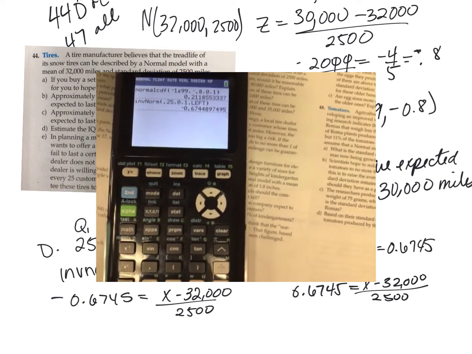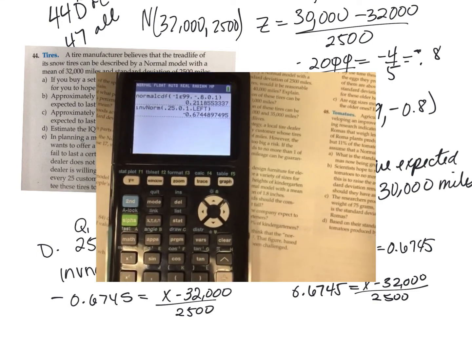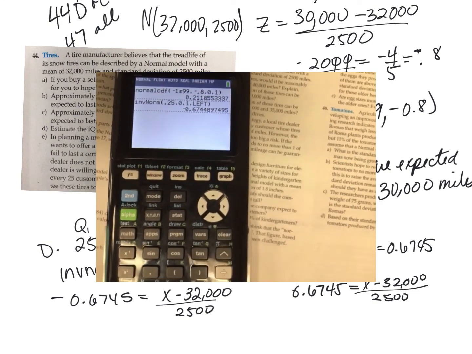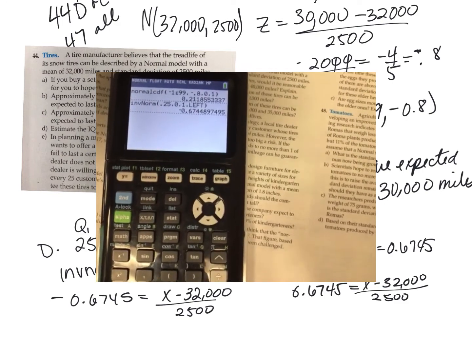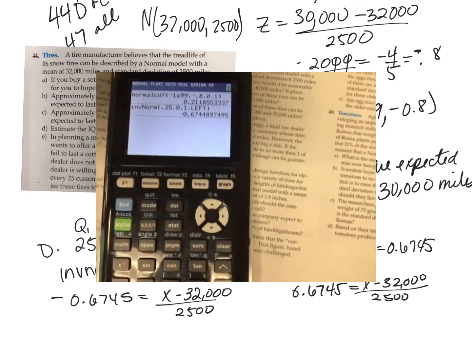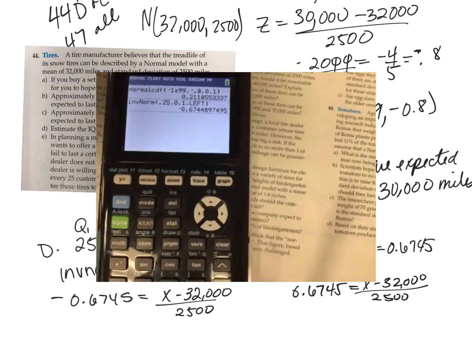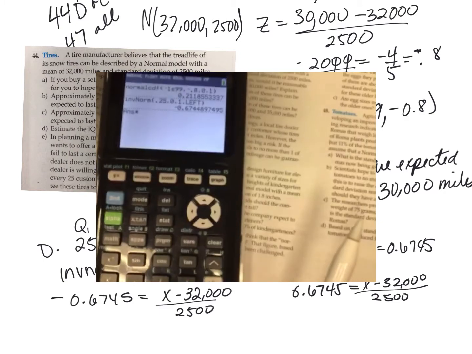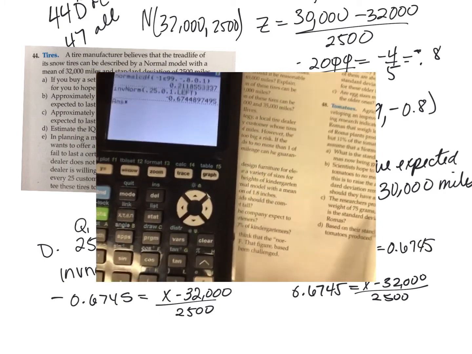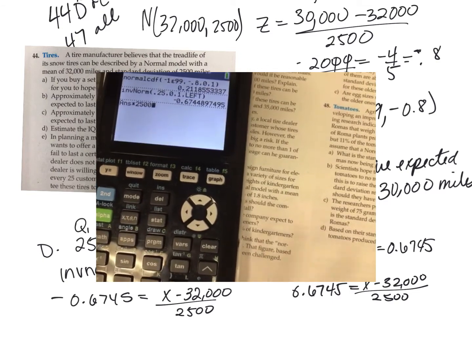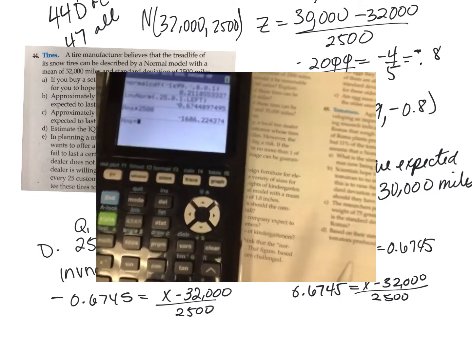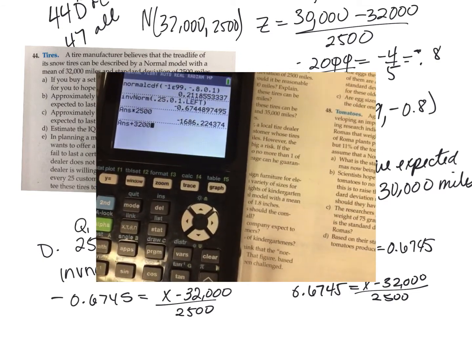And then I get this value. So that's where I'm writing down negative 0.6745 on my paper. But now I'm going to solve this equation, but I'm not going to retype anything. Just hit times. My denominator is 2,500. Enter. Plus my mean, 32,000.